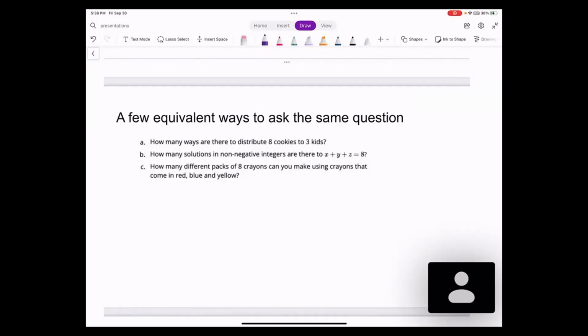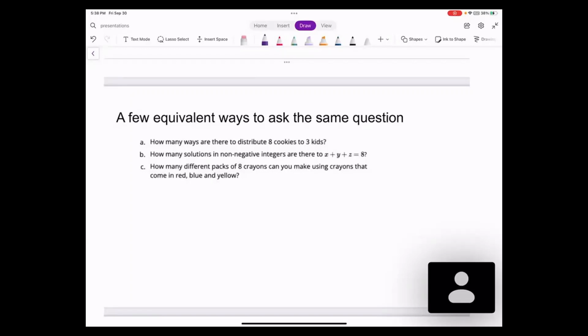Okay, the next question is: how many solutions in non-negative integers are there to the equation x plus y plus z equals 8? We can also see this is the same problem by letting 8 be the balls, and x, y, and z are the bins.